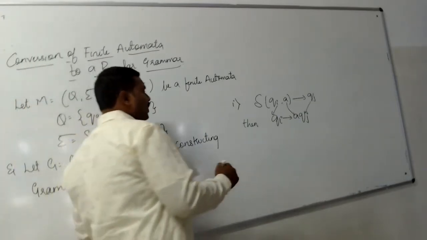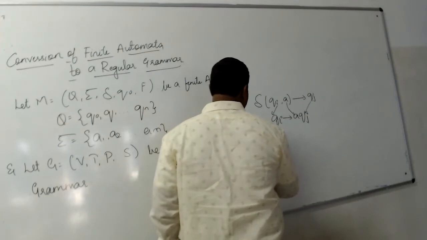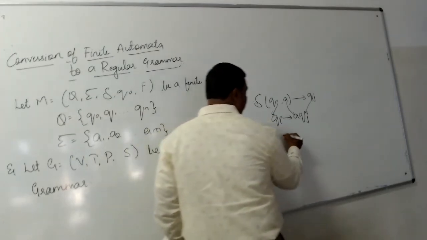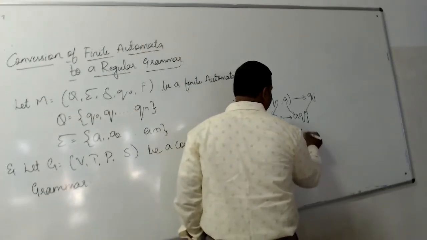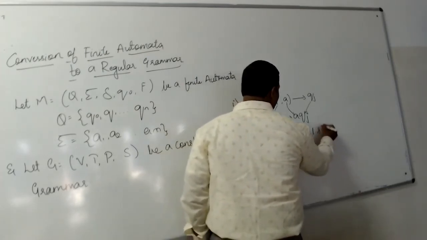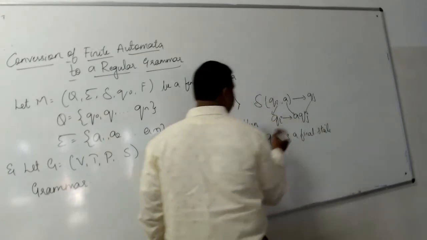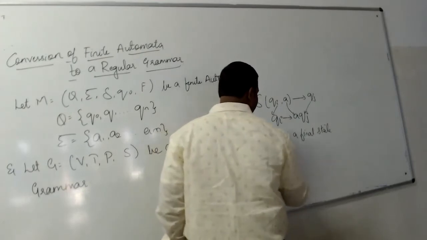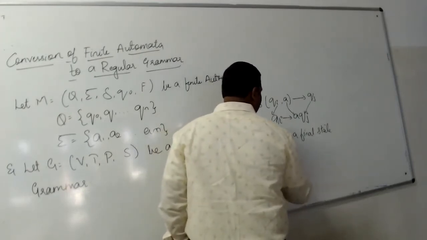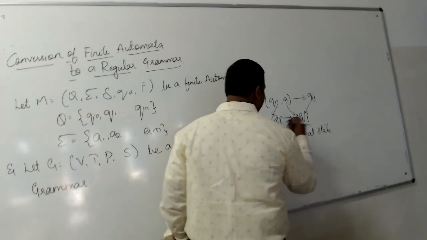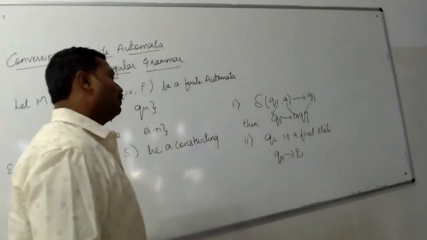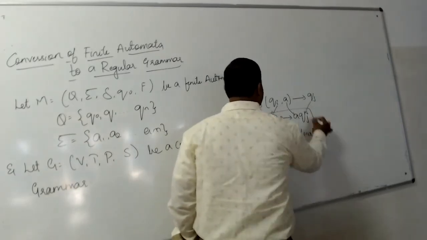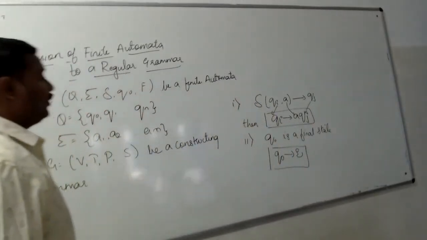Next, if there is a starting state called Q0, and if Q0 is a final state, that is, the starting state itself is my final state, then introduce a production Q0 tends to epsilon. If we keep these two rules in mind, we can easily convert DFA to grammar.